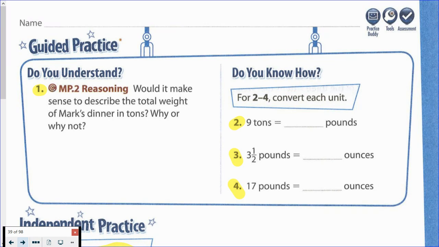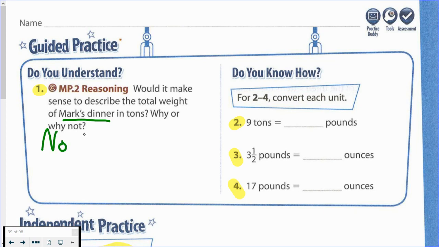Why or why not? Well, let's think about this. When we're thinking about tons, we're thinking about something that's the size of a car. Do you think Mark's dinner is the size of a car? No. Okay. So the answer to this question, does it make sense to describe the total weight of Mark's dinner in tons?